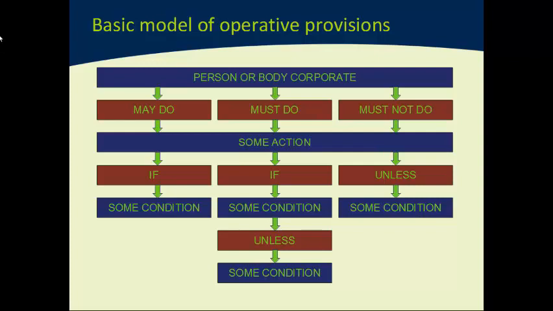If you're still struggling a little bit with the idea of that set of 12 models, I would really encourage you to go back and listen again, or pull open the written notes and see how I've presented them before you go onwards. From this point forward, I'm going to assume a pretty sound understanding of that basic model of operative provisions.